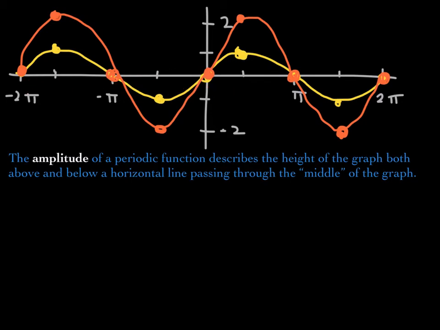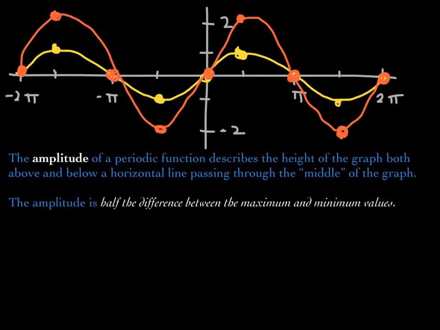So the amplitude is the height. It can be found by taking the distance from this middle part of the graph, which in this case is the x-axis, and finding the maximum, or going from the middle line down to the minimum, either way.